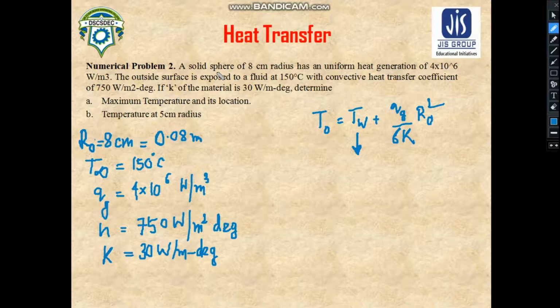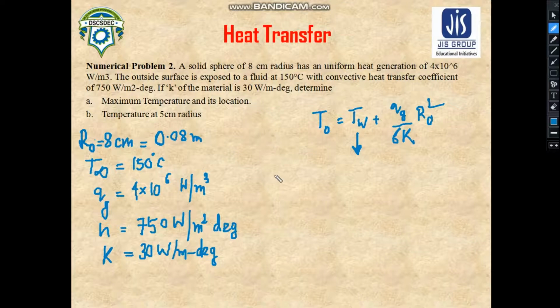That means the thermal energy which is being generated within the solid sphere is getting exactly convected away to the fluid. That means the total heat generation will be equal to the heat transferred by convection at steady state conditions.